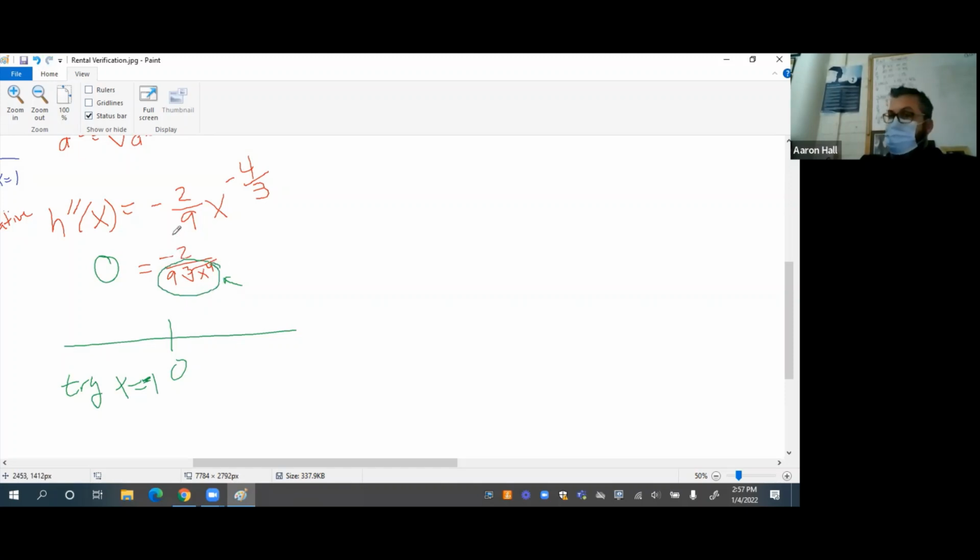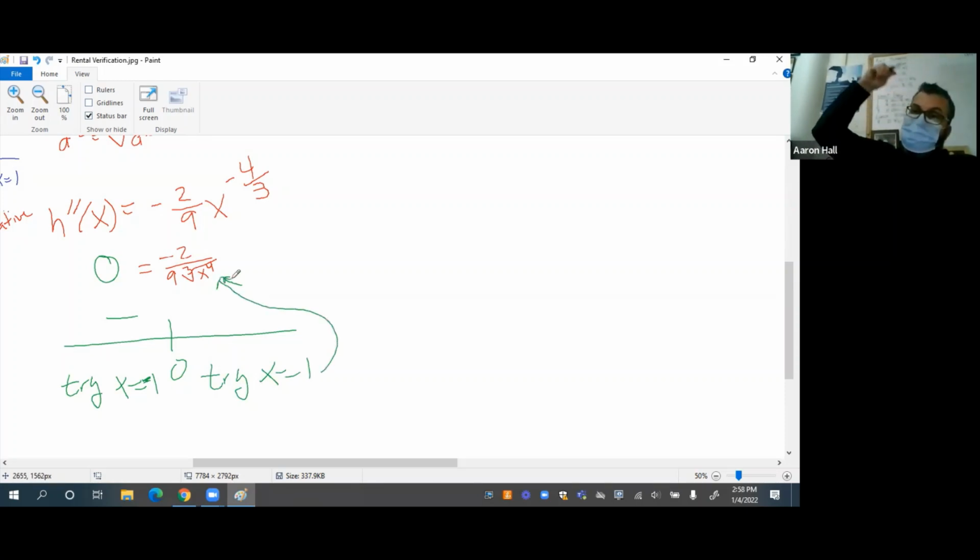So I have a negative in the numerator divided by a positive, which is a negative. And then on this side, try 1. When I plug in 1, x to the power of 4 is positive, so this becomes positive times 9, which is positive. -2 divided by a positive is a negative.